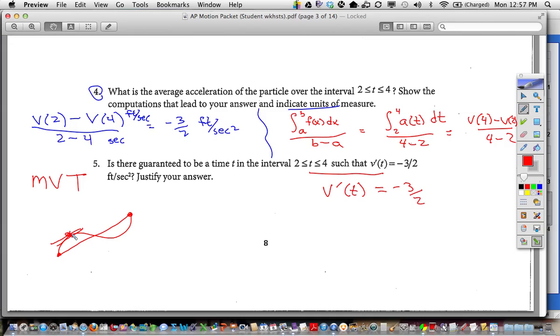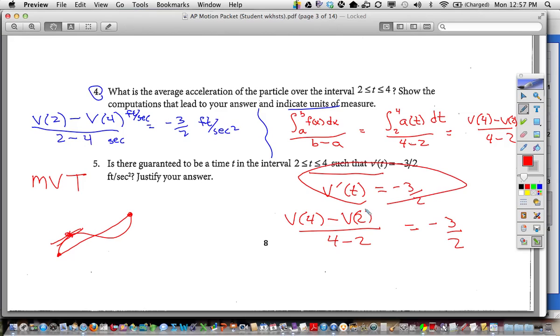Mean value theorem only applies if the function's differentiable. If the function's differentiable, then whatever the slope between the endpoints is guaranteed to hit that slope somewhere. But differentiable means no sharp points. So are we guaranteed for V prime to equal -3/2? That'd only be if V of 4 minus V of 2, the slope between the endpoints of the velocity curve, which we just found to equal -3/2, if the function's differentiable, we'd be guaranteed that V prime somewhere would equal -3/2.